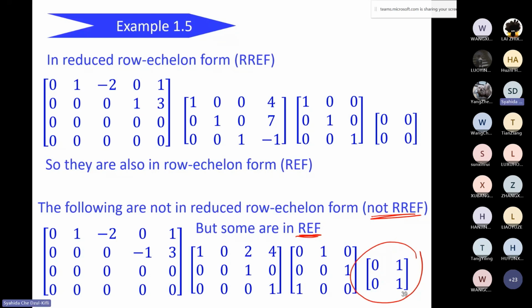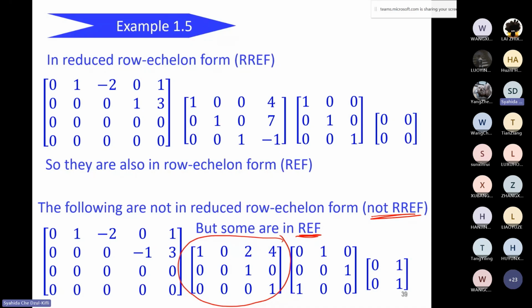It satisfies property 1, 2, and 3, but not property 4, right? Hold on. It does not satisfy property 3 as well. So not this one. This one. It satisfies property 1, 2, and 3, but not 4.